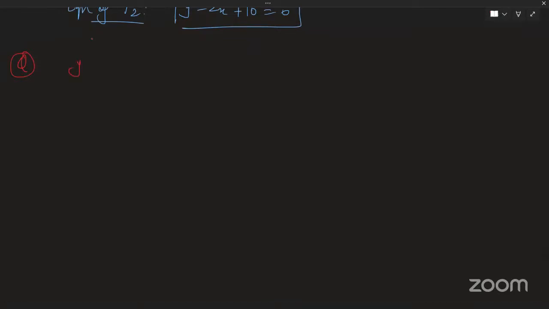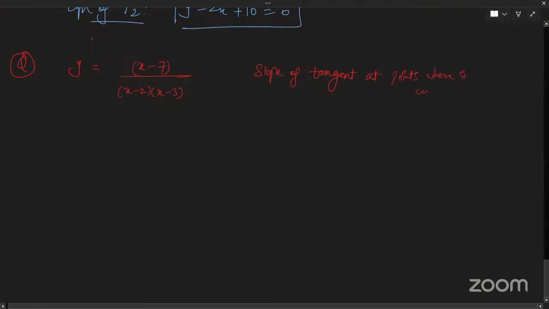So I have got y is equal to x minus 7 divided by x minus 2 into x minus 3. Okay. So now it is asking you to find the slope of tangent to this curve at points where it cuts the x-axis.